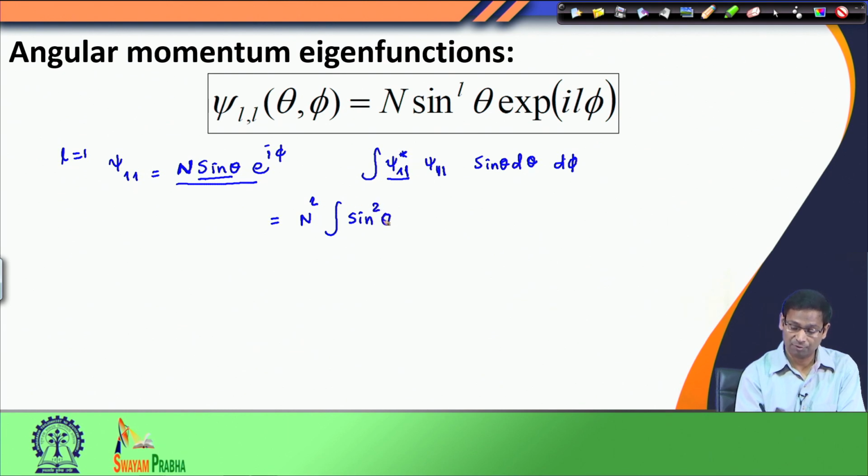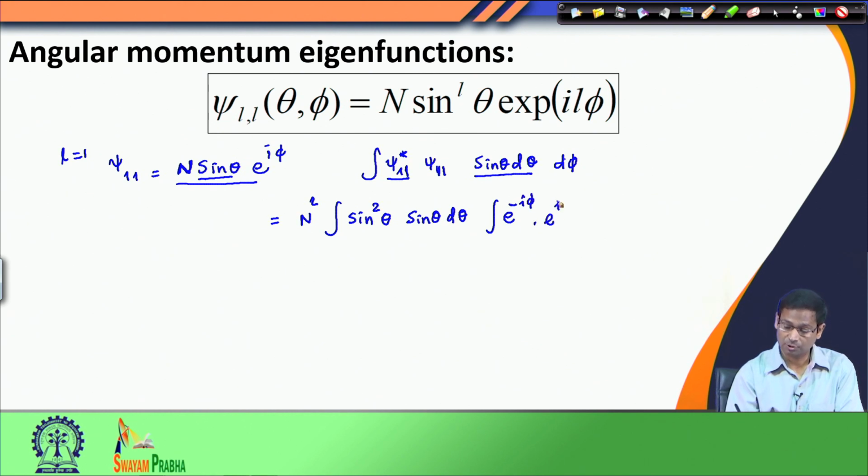Therefore, I have sin square theta, and then I am writing sin theta d theta, which is coming from the volume element, and I am now dealing with e to the power i phi. Its complex conjugate is e to the power minus i phi, times e to the power plus i phi d phi, and the limit for theta is 0 to pi, and for phi it is 0 to 2 pi.